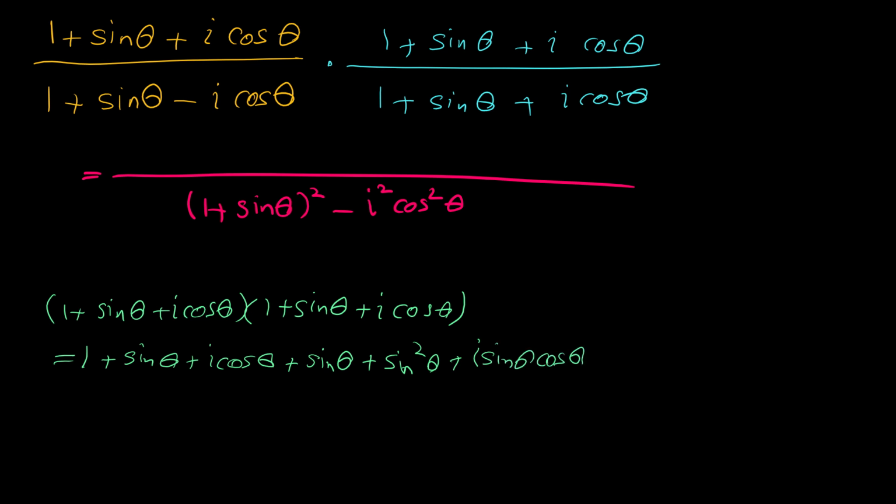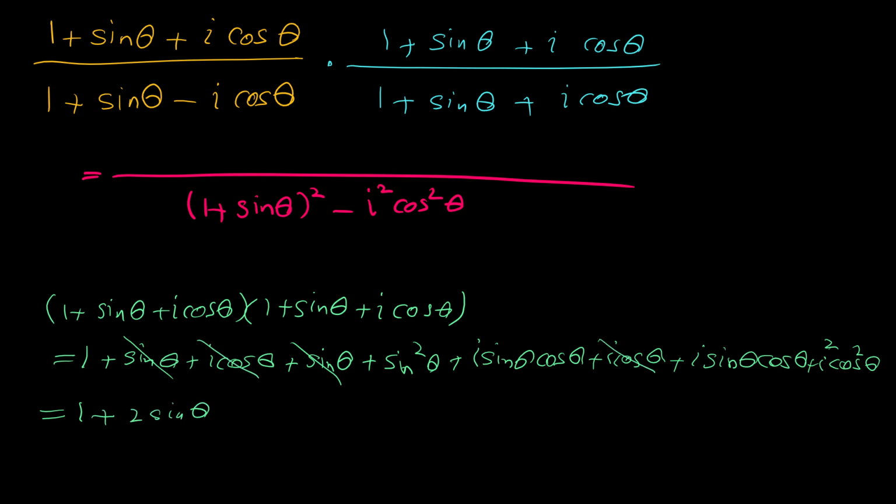Now we have to multiply I cosine theta in the second bracket. I cosine theta times 1 is I cosine theta. I cosine times sine is I sine theta cosine theta. And finally we have I cosine times I cosine, which is I to the 2 cosine to the 2. Let's see what we have here: 1 plus 2 sine theta plus 2i cosine theta plus sine to the 2.